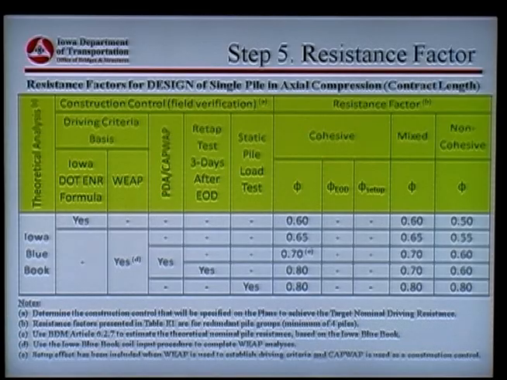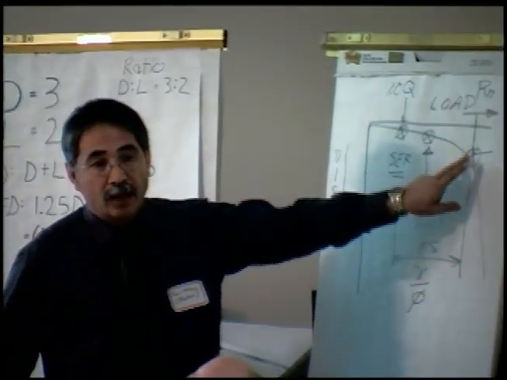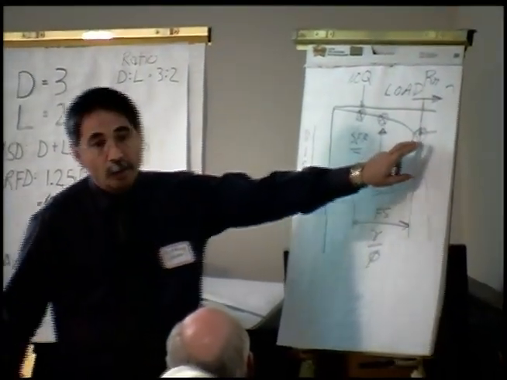So what we want to do here, if we're going to use, for a theoretical analysis, we're going to get our nominal capacities, our ultimate capacities from the Iowa Blue Book. Keep in mind what the Iowa Blue Book on this chart here is predicting is this point here, right, for the embedded length. That's what's important to remember.